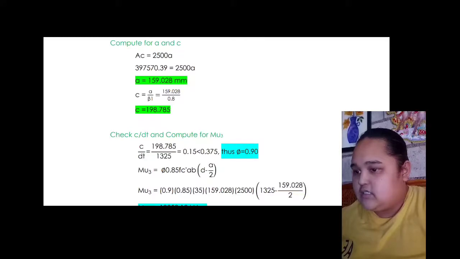And C is equal to 159.028 over 0.8. And C is equal to 198.785. Then check C over dt and compute for MU3.